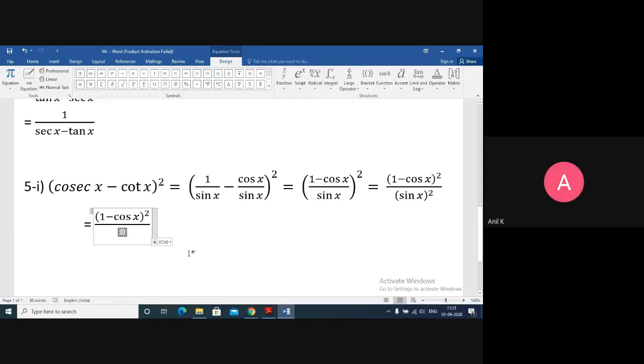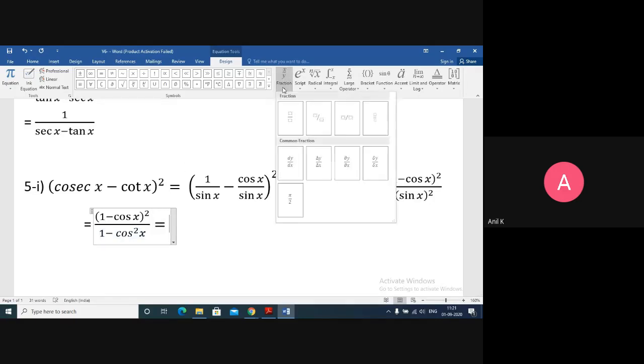Yes, we have the first identity: sin square x plus cos square x equals 1. So from that identity, I can write sin square x as 1 minus cos square x. Okay, so the next step will come.